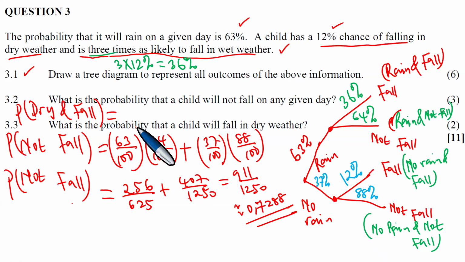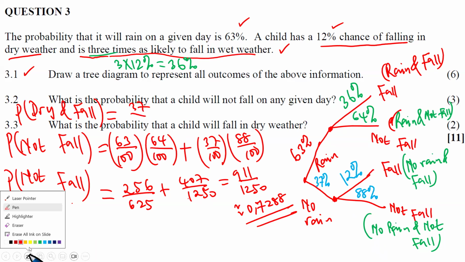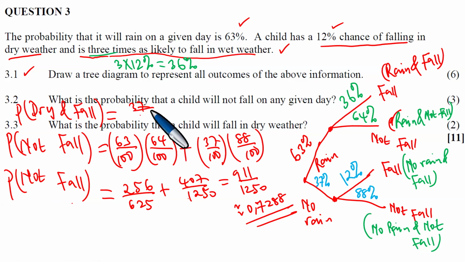So the probability of fall in dry weather is exactly 37 over 100 multiplied by 12 over 100.